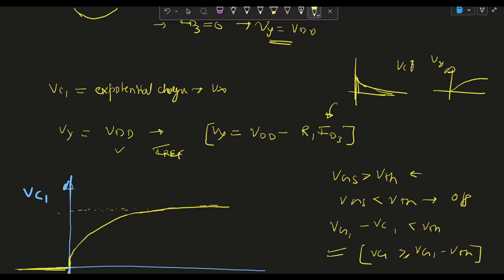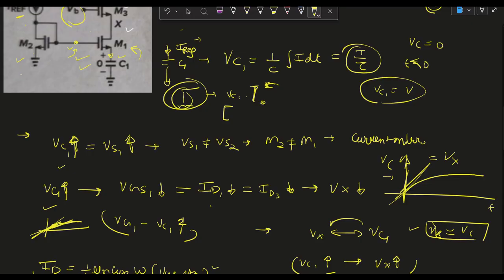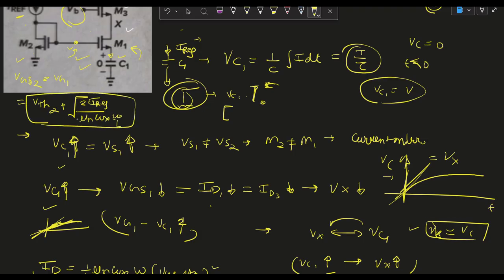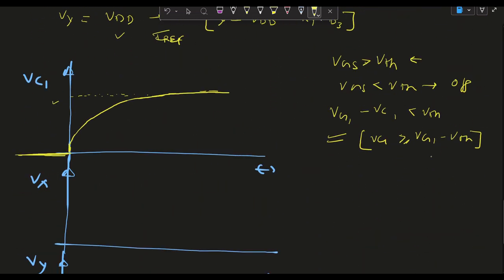This is the maximum VC1 that our capacitor will attain. So this voltage is VG1 minus VTH, and this VG1 we can calculate from this current mirror, which is biasing M2, and VGS2 is equal to our VG1. What is this VGS2? It is VTH2 plus the square root of 2 IREF over mu n Cox W over L. So this is some constant gate-source voltage, which is VG1, minus VTH.